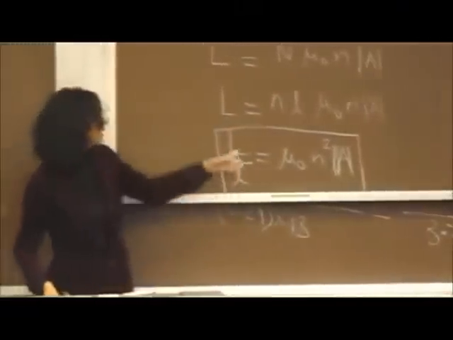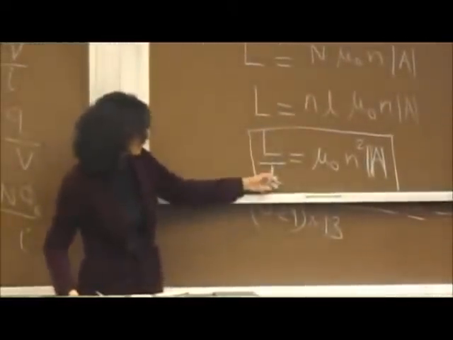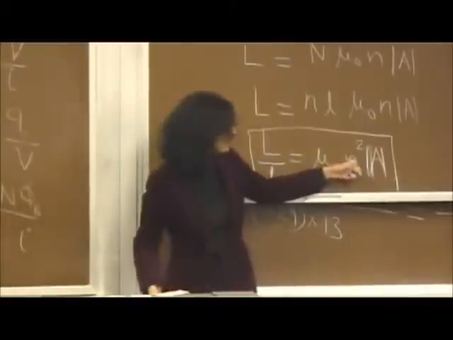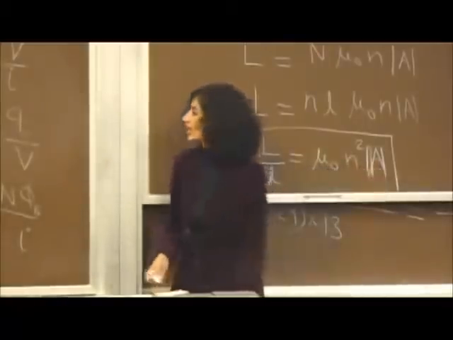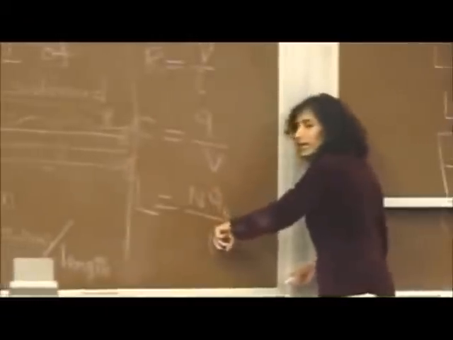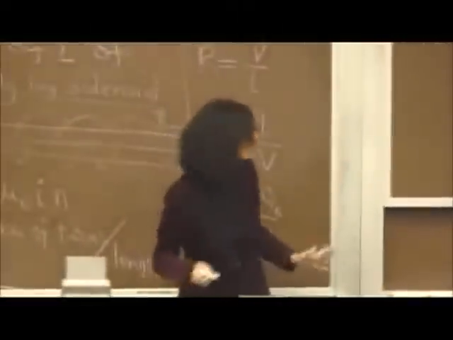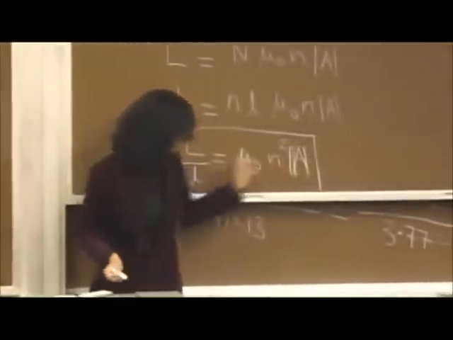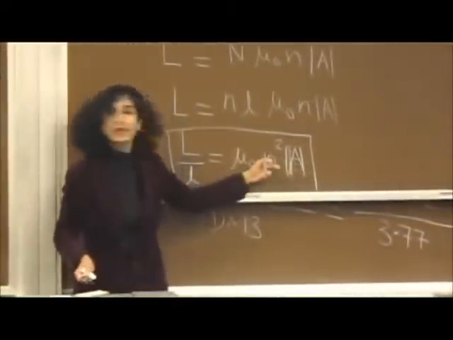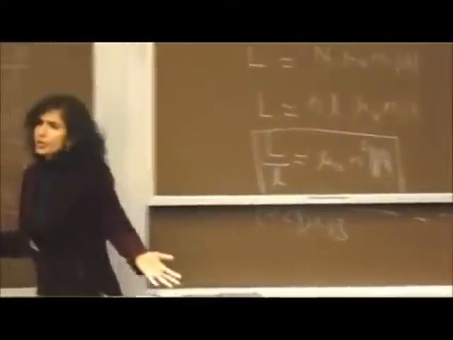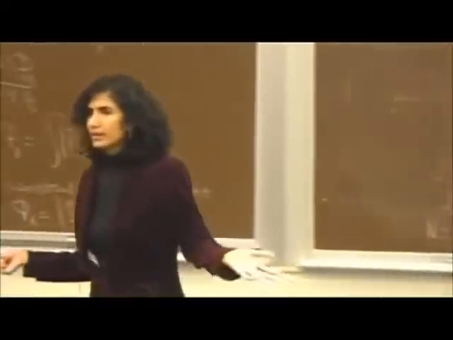Do you see? The inductance only depends upon the length of the solenoid, the number of turns per unit length, and the area of cross section. It has absolutely nothing to do with phi or I, even though we started out with that expression. It only depends upon the geometrical properties. They're all geometrical properties, aren't they?